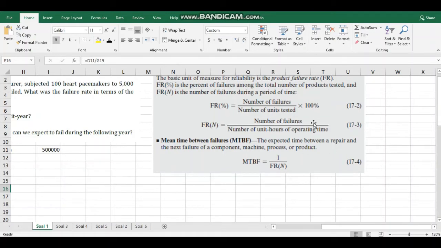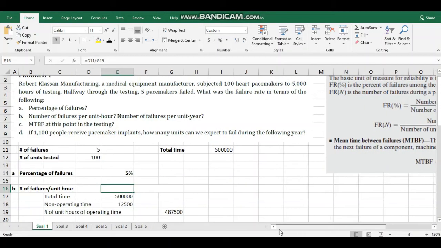We know that the number of failures is 5 pacemakers, and the number of unit hours of operating time is this one. So 5 divided by this number, and we get 0.0000103 failure per unit hour. So this is the number of failures per unit hour.